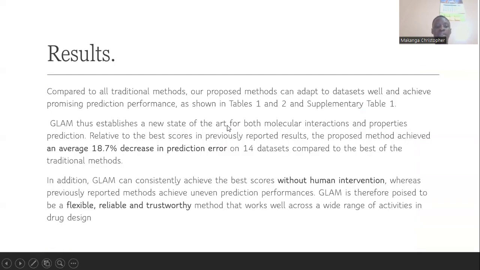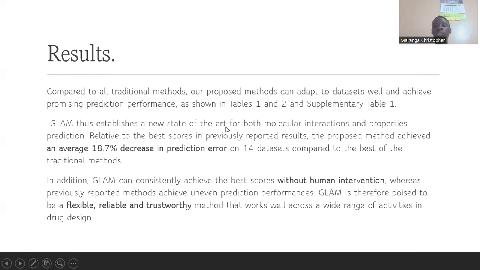These are the results. We compared GLAM with traditional methods and graph learning methods, as seen in tables 1 and 2, and identified that GLAM achieved on average an 18.7% decrease in prediction error on all the 14 data sets compared to the best of the traditional methods that we have been looking at.